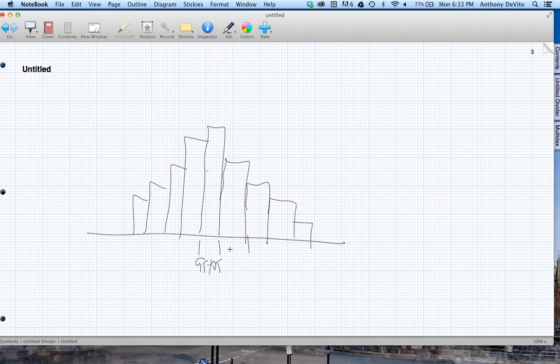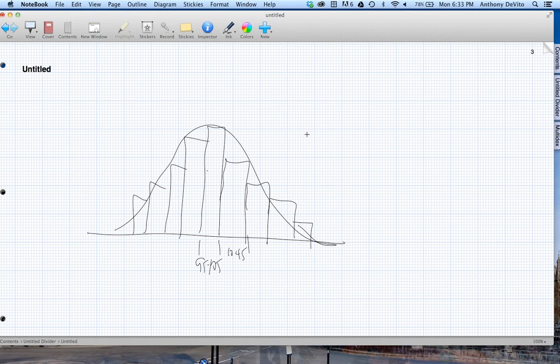This might be the range of 105 to 115, and so on. One of the things we're going to notice about normal distributions is that they have a characteristic shape and can be described mathematically. That shape is roughly the shape of a bell curve, and you're going to see more of this bell curve than you could ever want by the end of this semester.